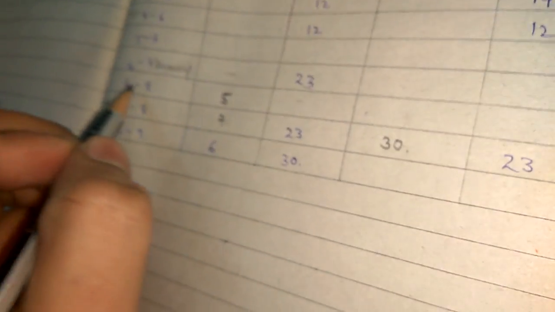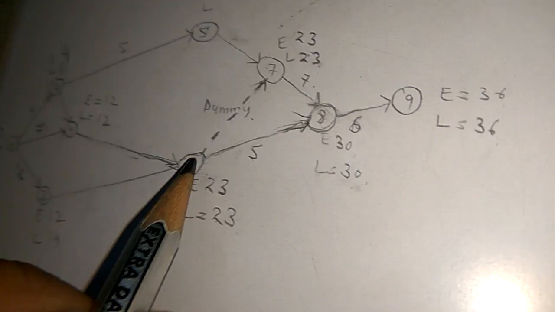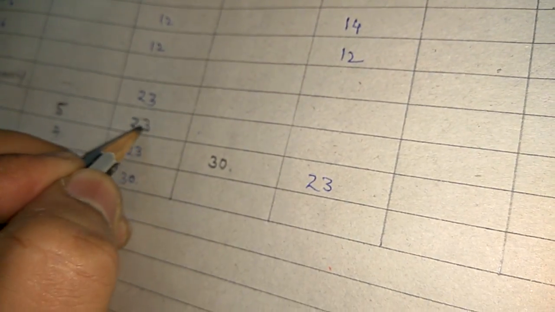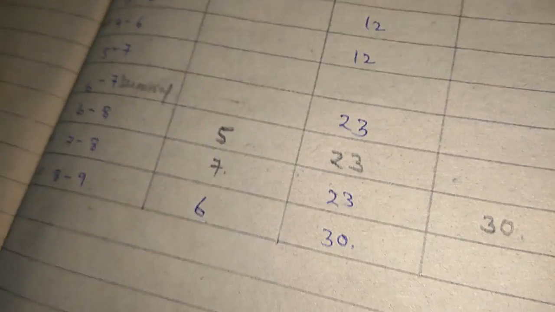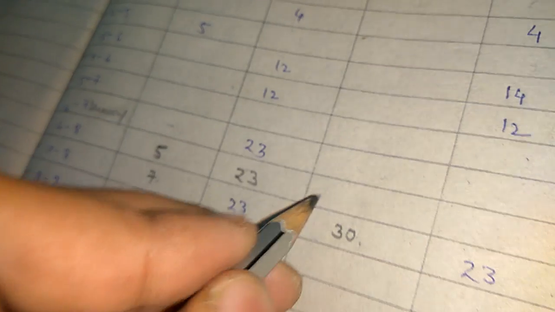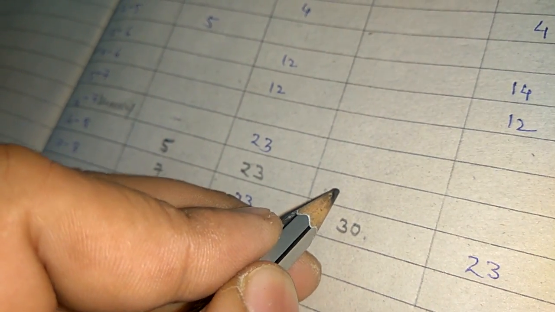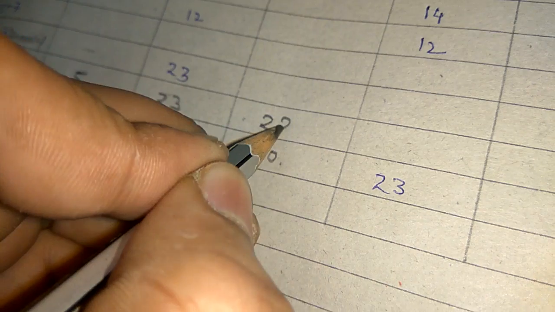Then what will be the value of Ei between 6 to 8? The value of Ei is 23. If Ei is 23 and Dij is 5, what will be the value of Ei plus Dij? 23 plus 5, that will be 28.